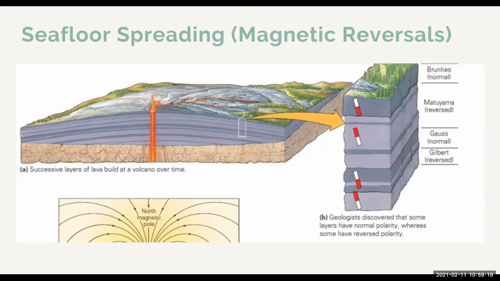So na-identify natin na nagkaroon ng reversal. Bakit nagkaroon ng reversal? Maybe due to differences in movement of the magnetic material and such. So basically parang naging na-fossilize yung nangyayari during that time. Okay? So we have fossilized records in the form of the magnetic minerals found in rocks.